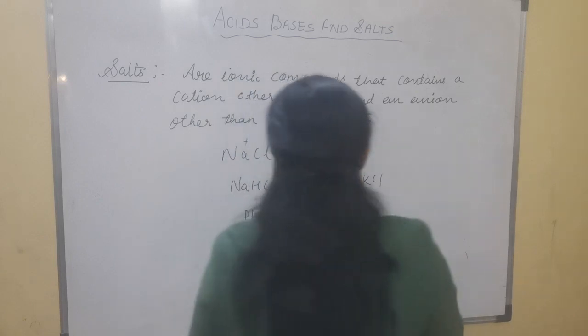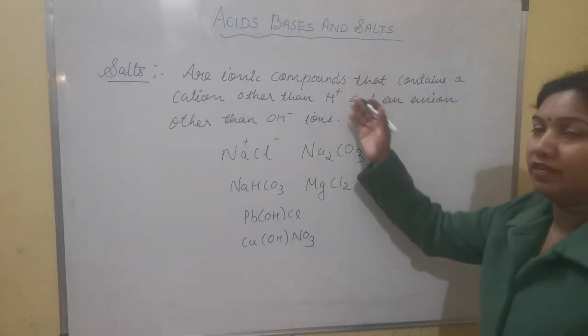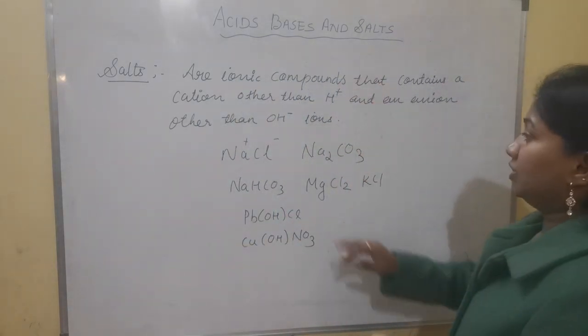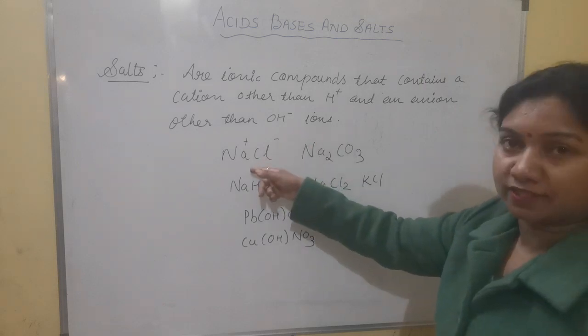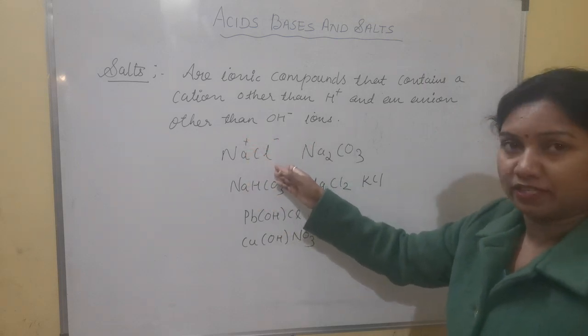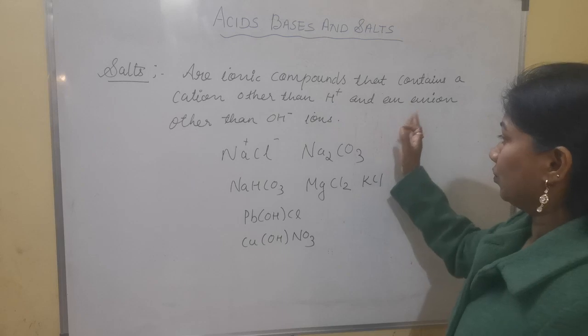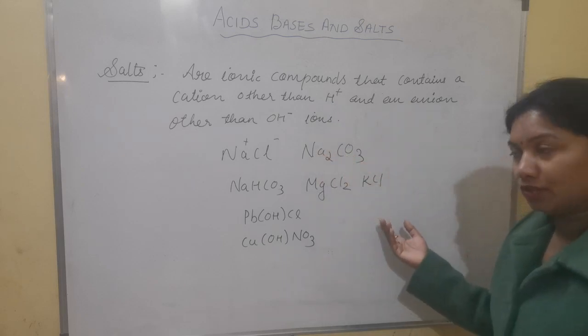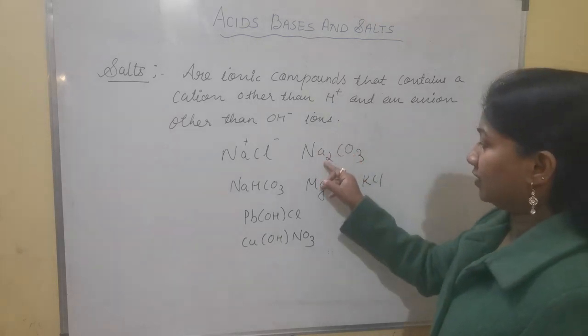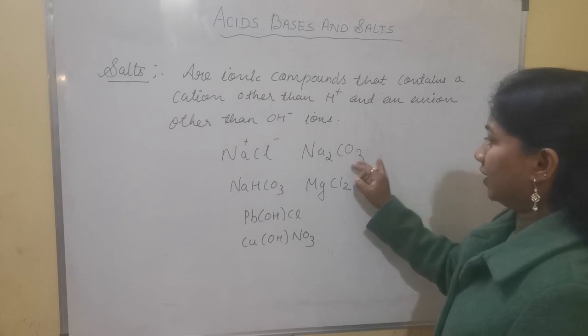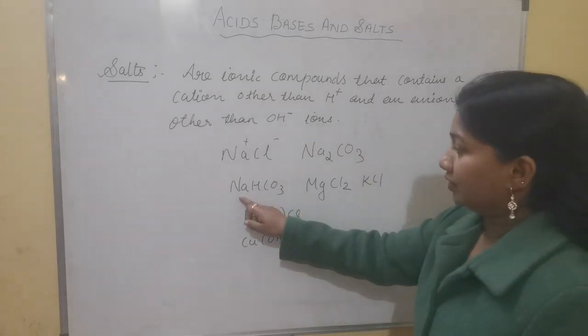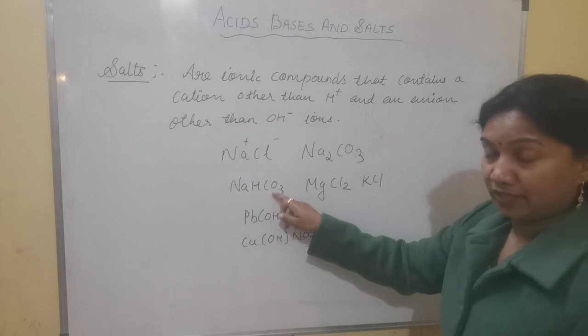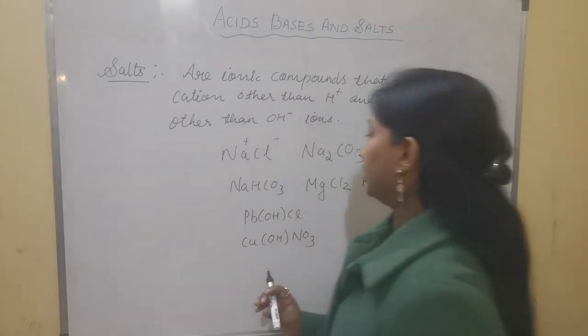Now we'll see whether these examples are satisfying this definition or not. Here we have seen that yes, it is a salt because it is having positive and negative ions other than H plus and OH minus. What about this? Here also the condition is the same. Positive ion is sodium and negative ion is carbonate. Here sodium, hydrogen and carbonate, three species are present.